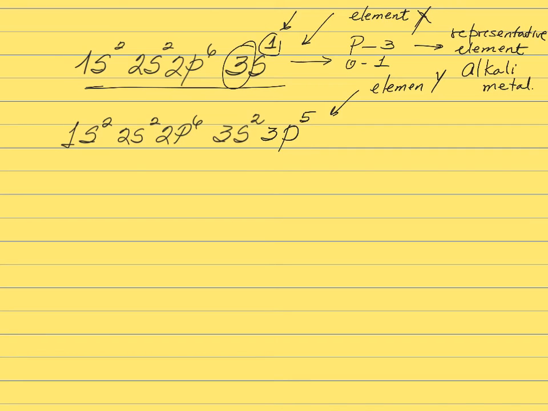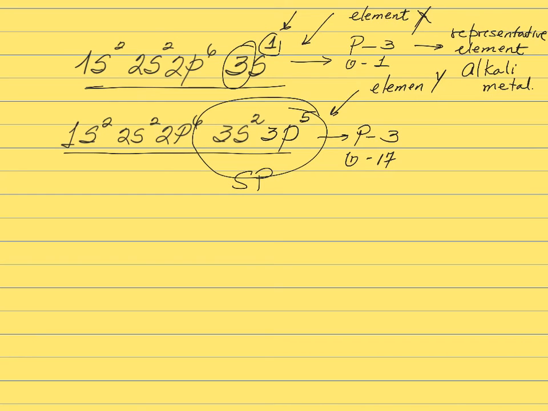And in addition, you have another element over here. When you look at the ending, sp, you have another representative element that is located in the same period, period 3, but in group 17. So another representative element that, since it's located in group 17, can be classified as a halogen.